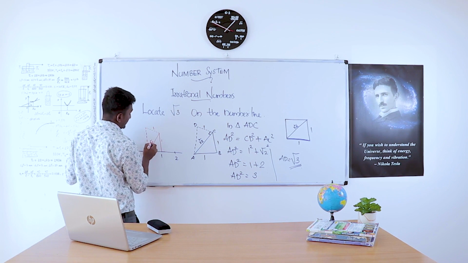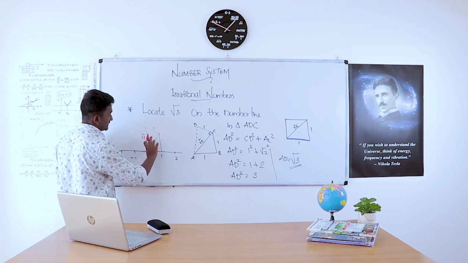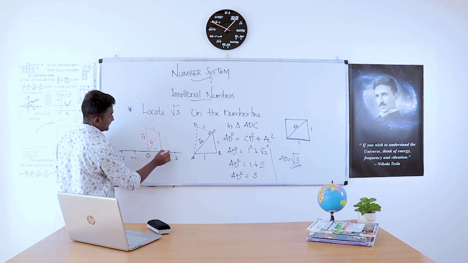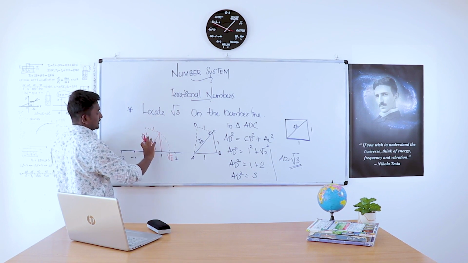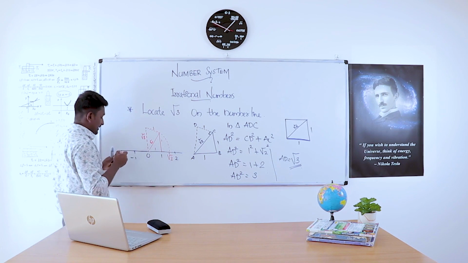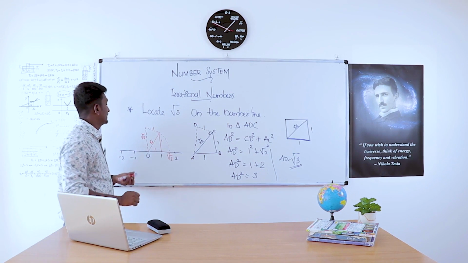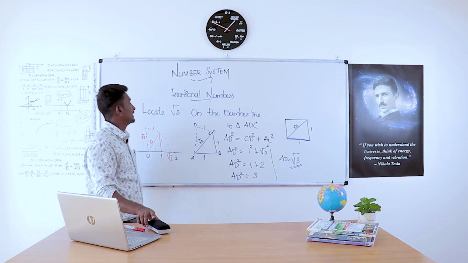Then this is 1, then root 2 and 1, then this is root 3. Now put a compass like this and draw an arc like this. Then it meets the number line at root 3. Thus, this is how you locate root 3 on the number line.